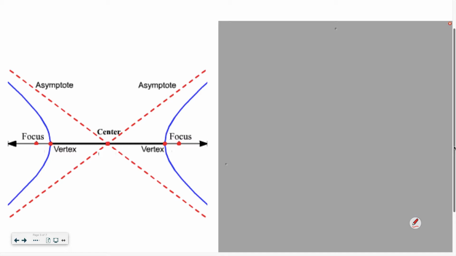Okay? Every hyperbola will have a center. Every hyperbola will have two vertices and two foci. And something different about the hyperbola compared to our other ones is that we have asymptotes that cross through the center. Okay.